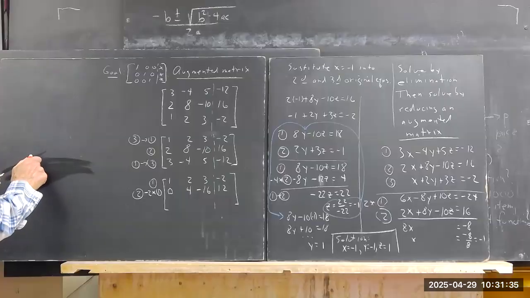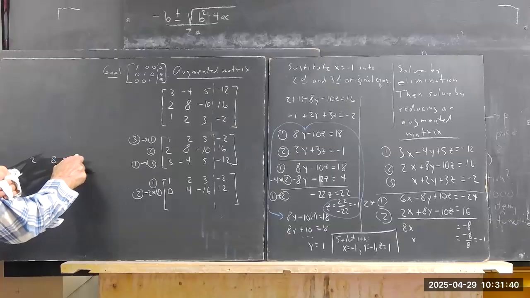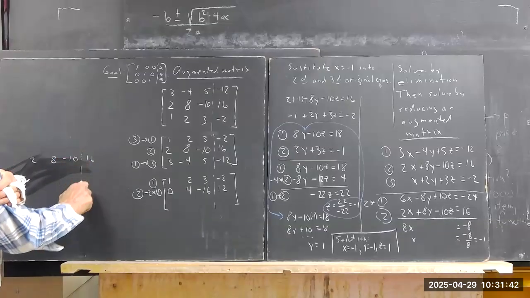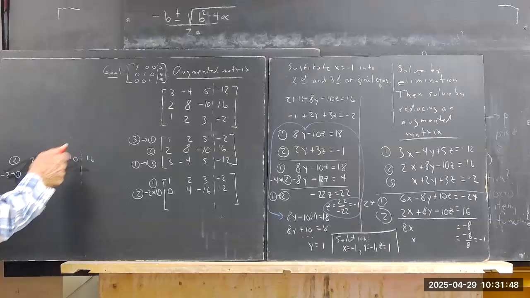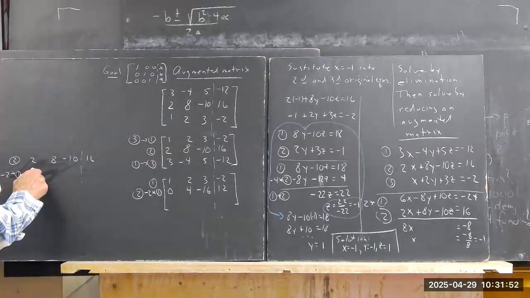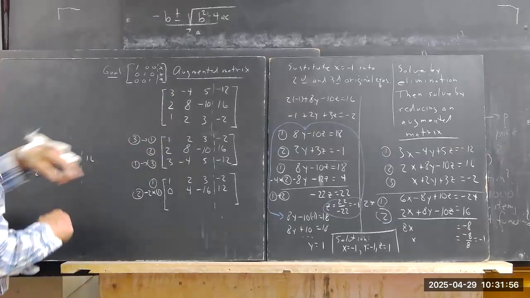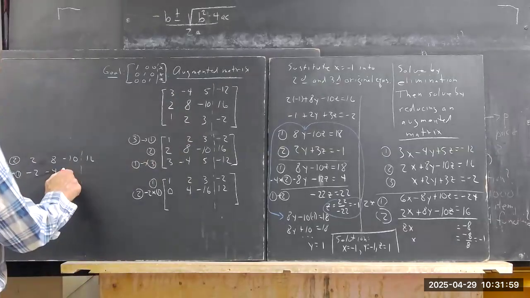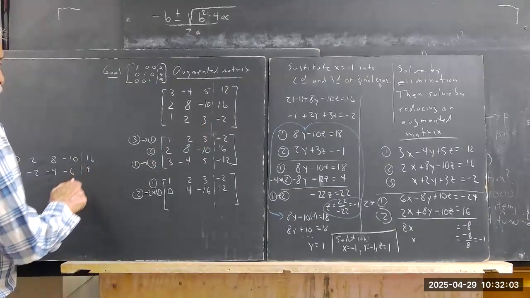Start with row 2, which is 2, 8, -10, 16. Minus 2 times row 1 is minus 2 times 1, which is minus 2, minus 2 times 2, which is minus 4, minus 2 times 3, which is minus 6, and minus 2 times -2, which is plus 4.